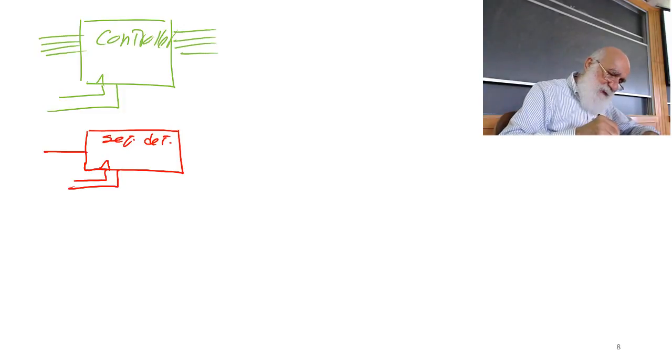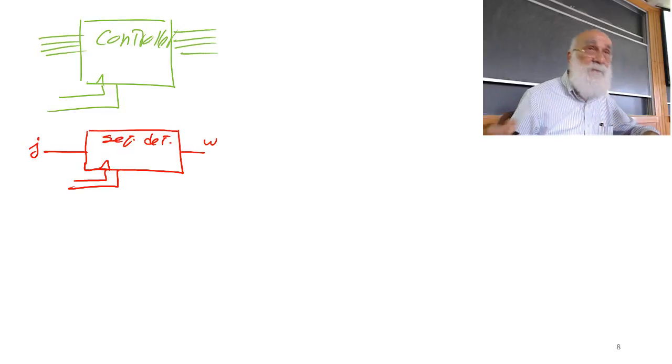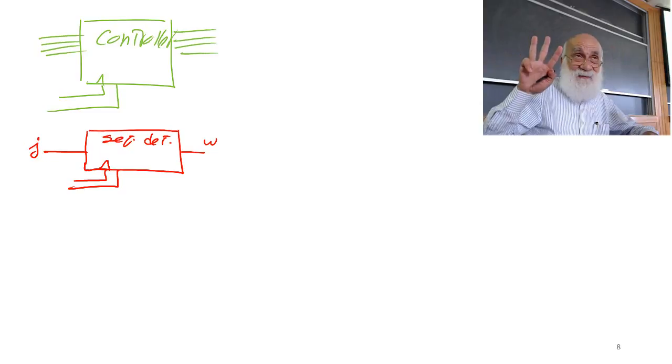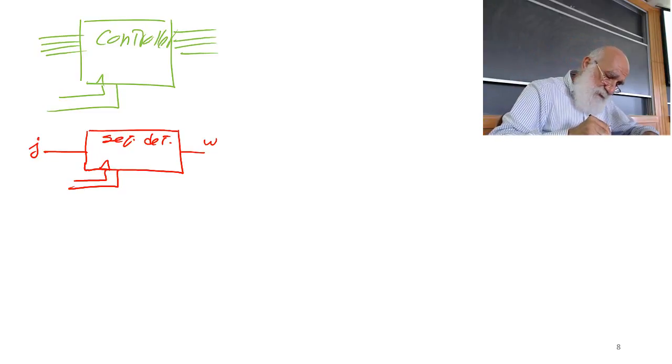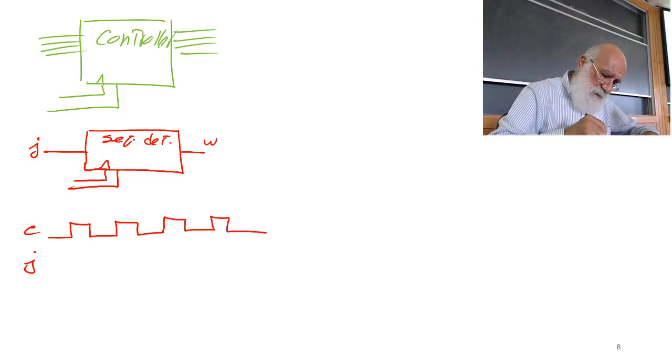Sequence detector has an input, let me use J. Input J, output W. I am defining this sequence detector as a sequence detector that in 3 consecutive clocks, if the input is 1, this is my clock, this is my J input.